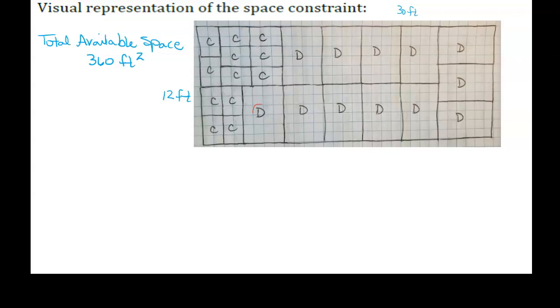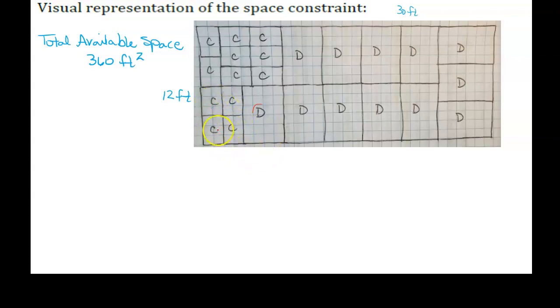If we take a closer look at this, we can see the relationship between the size of the dog runs and the cat pens. We can see that the dimensions of each dog run are 4 by 6, which gives us a total combined area of 24 square feet. And each of the cat pens is 2 by 3.